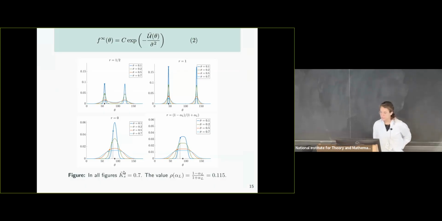And how does our stationary state behave? We can compute it. It depends on this bar sigma, so on the sigma, on epsilon and omega, and on the mechanical energy. And according to the various parameters, so on the R and on alpha, we can find the 4 scenarios that they found when studying the mechanical energy.